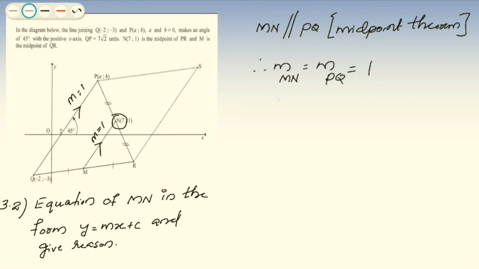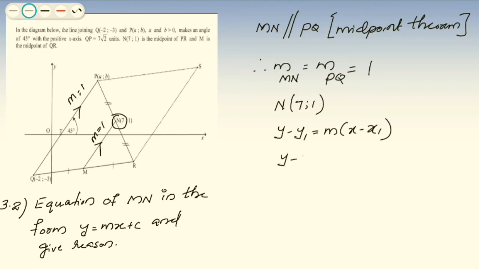Now we need one point. What is the point that we are going to use? It is N, that is (7, 1). Now we can get the equation of MN using the formula y minus y1 is equal to m times x minus x1. We need one point and a gradient. (x1, y1) is (7, 1).